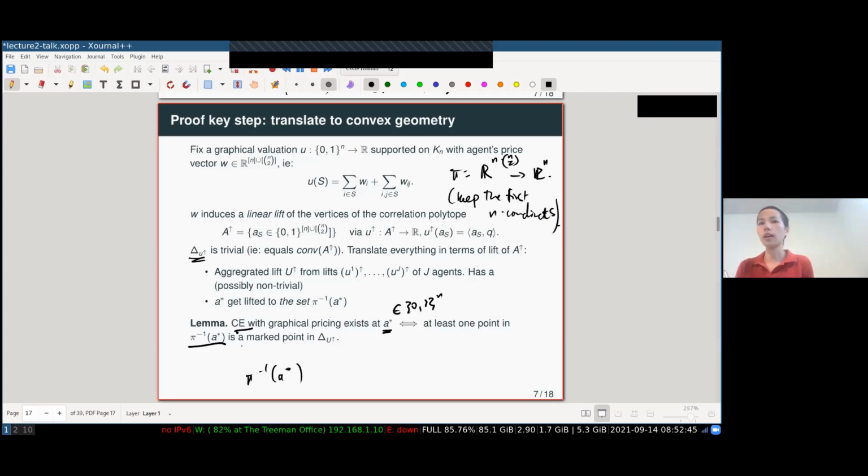So pi inverse of A star is any lattice point upstairs where the first n coordinates equal A star. The typical example: let's think of A star as the 1, 1, 1 vector, which we think of as having one item of each type. Then upstairs, if I have an integer vector, it corresponds to a graph with weights, right?